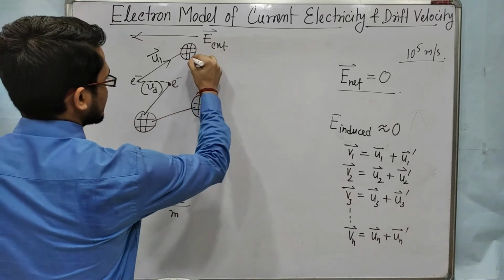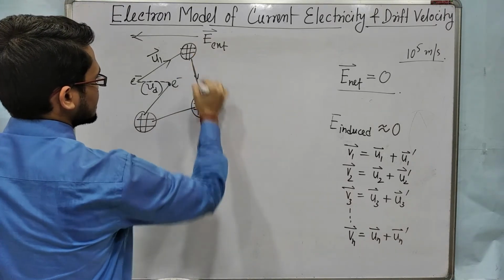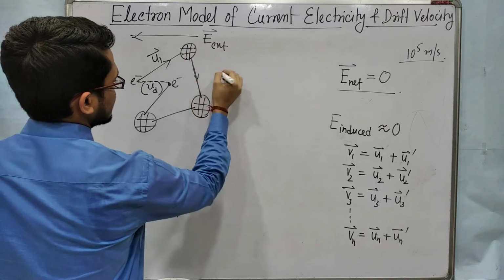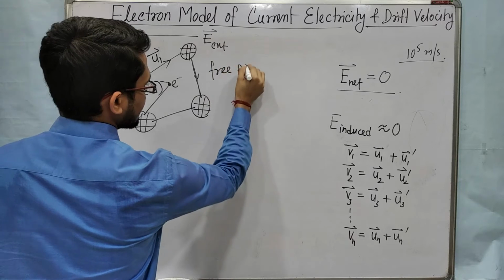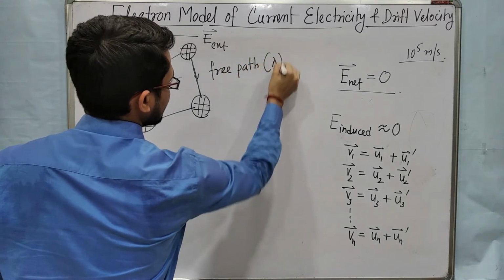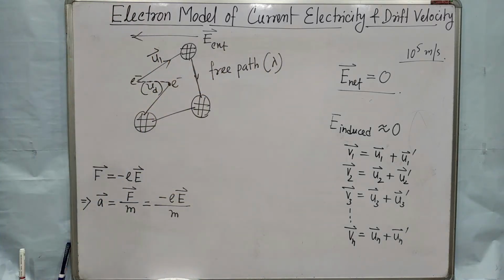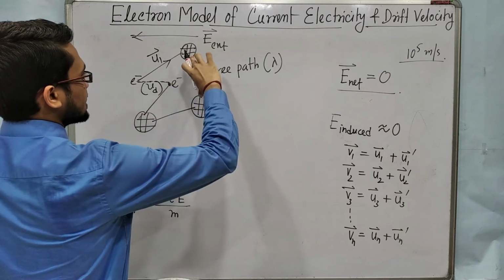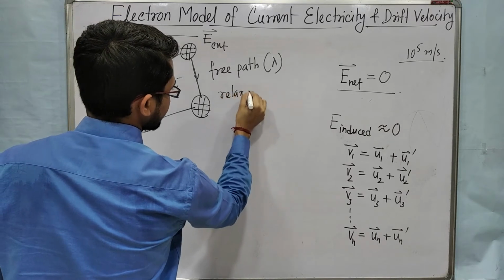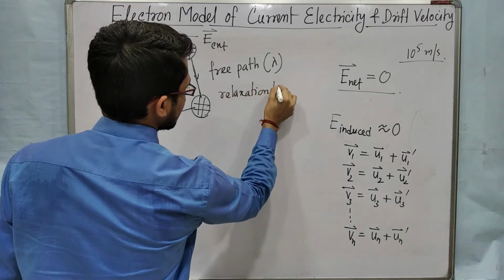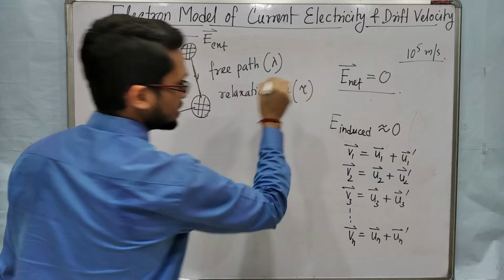The path between two successive collisions is known as the free path. It is denoted by lambda, and the time taken to cover this path is known as relaxation time, denoted by tau.